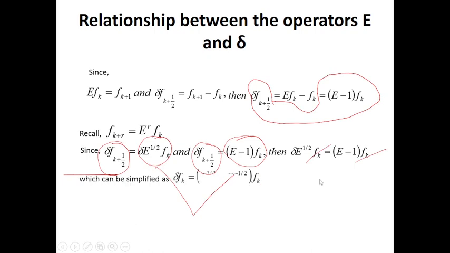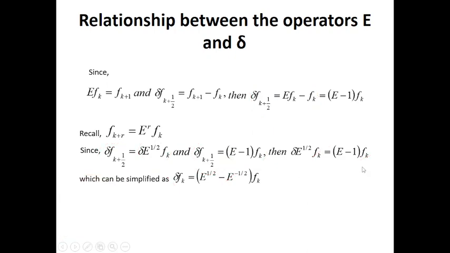So which can be simplified as, so mamaya na natin i-cancel. So pwedeng mawala to by dividing both sides, no? By E to the 1 half. So delta E to the 1 half f sub k. So i-divide lang natin ng E to the 1 half on both sides of the equation.